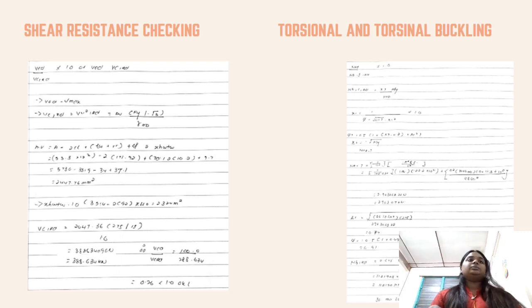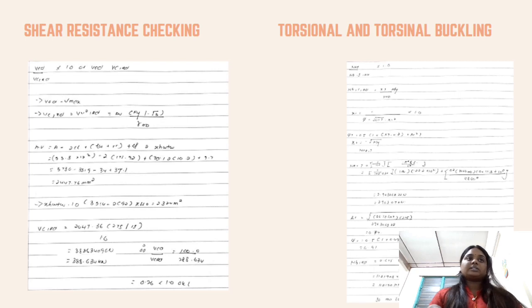The method by A_v equals A minus 2b·tf plus (tw plus 2r) times tf, plus η hw tw, equals 5730 minus 2 times 171.92 times 10.2, plus (9.7 plus 2 times 10.2)..., equals 5730 minus 3319 minus 34 plus 37.1.